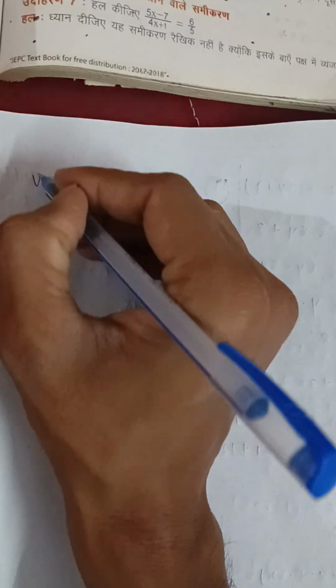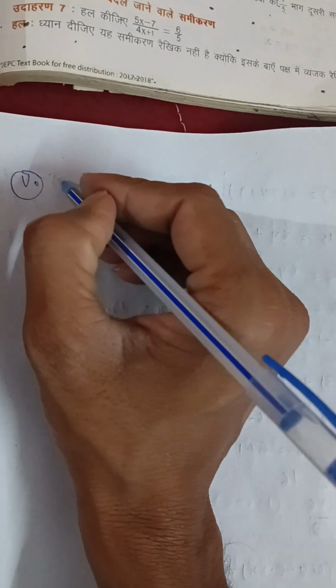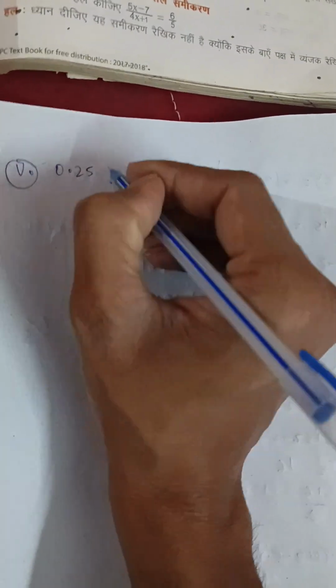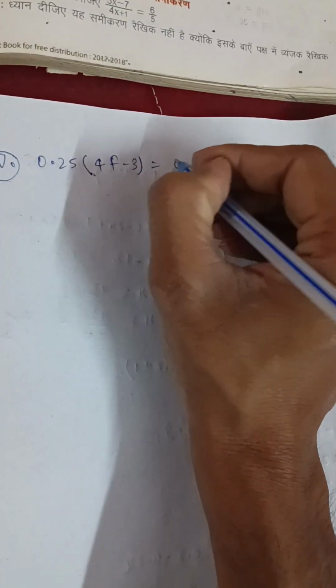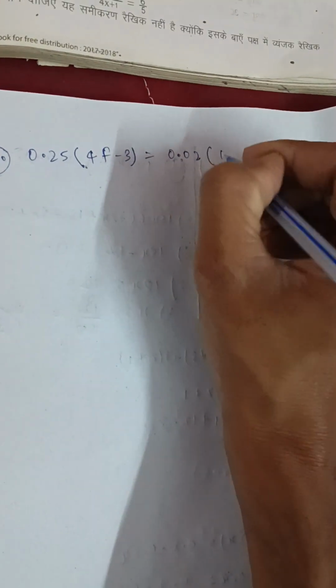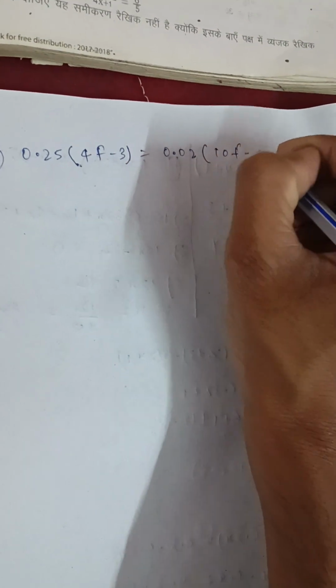Fifth question is 0.25 into (4f minus 3) equals 0.02 into (10f minus 9).